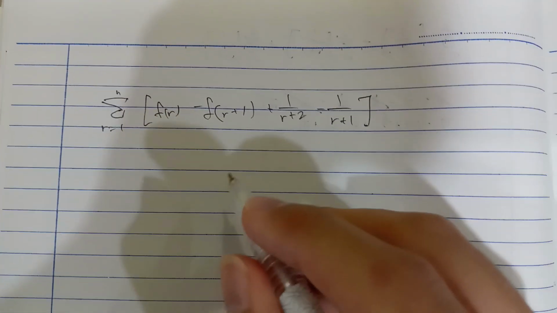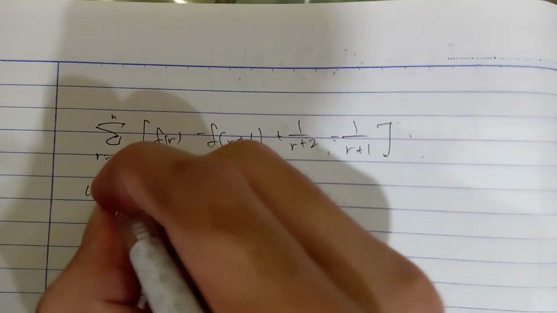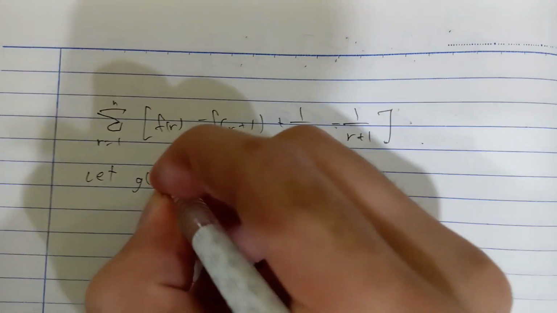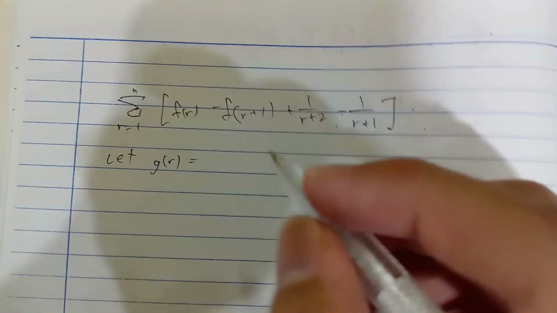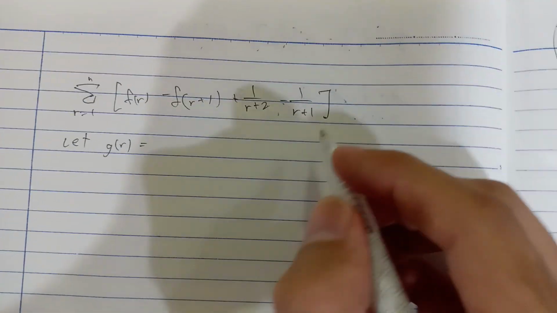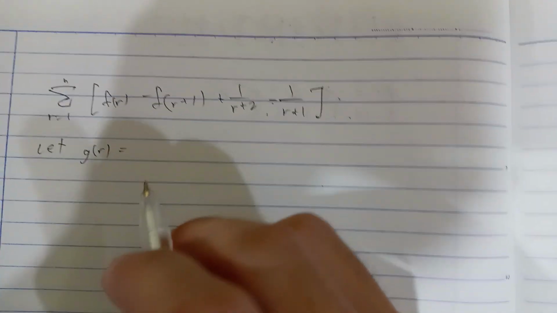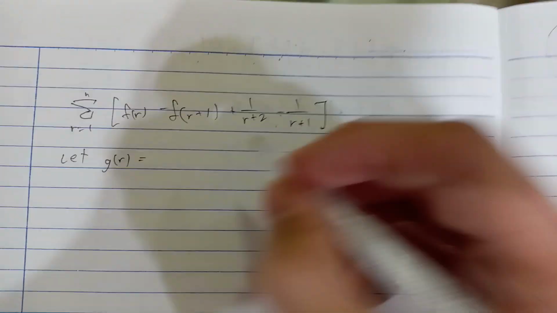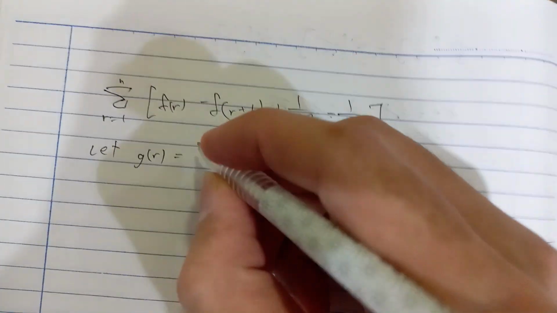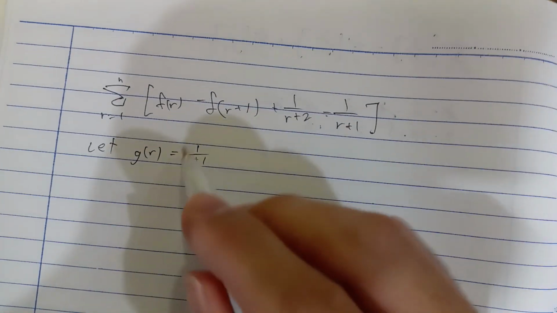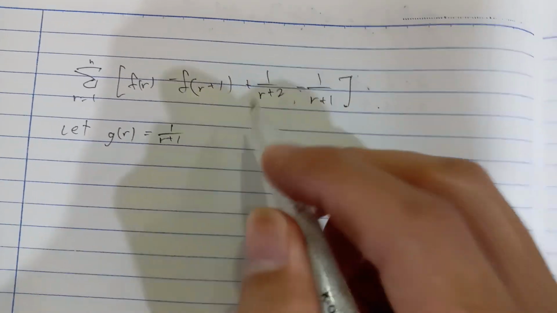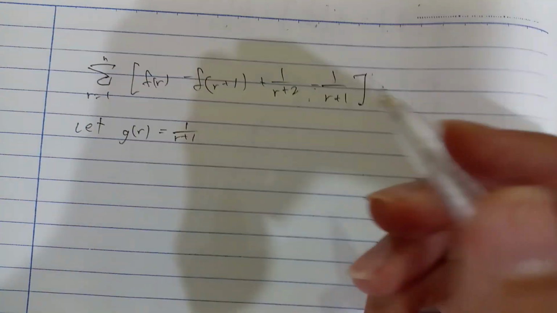Okay. So I let g(r) equal to, I can pick either one of these as my g(r). I'll pick the second one because it's a smaller value. You can use this also if you want. Okay. So how can I change this so that it becomes r plus 2? I plus 1, right?